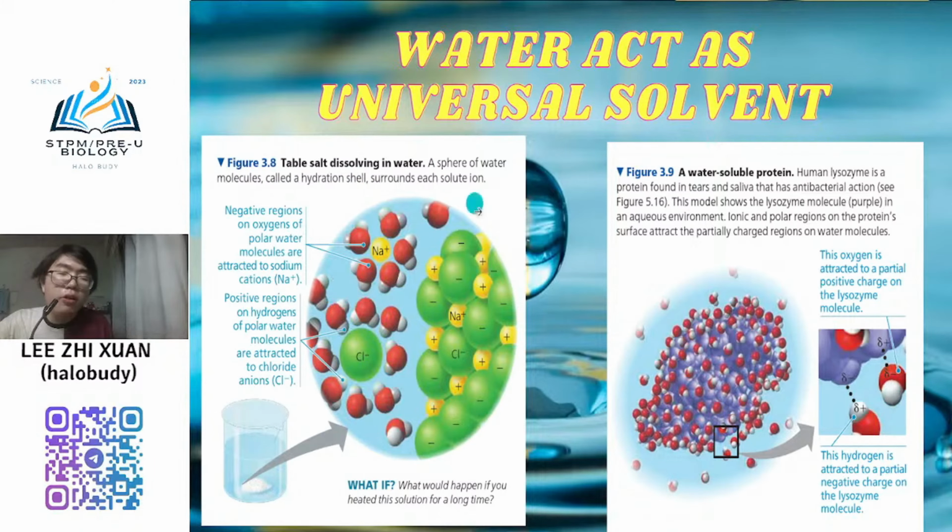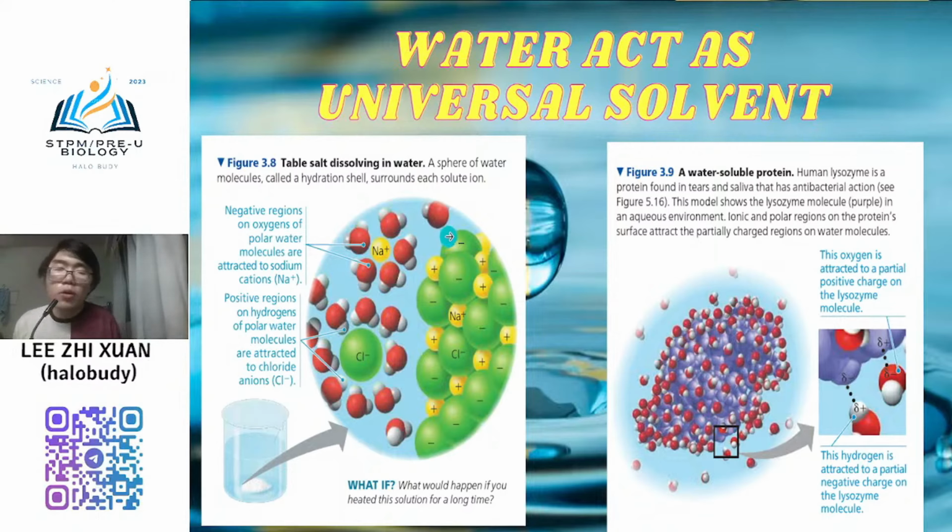For example, salt. We know that some salts like NaCl, sodium chloride, can dissolve in water, but not all salts can dissolve in water. I think you already learned this in STPM. Some salts can dissolve in water, some cannot.